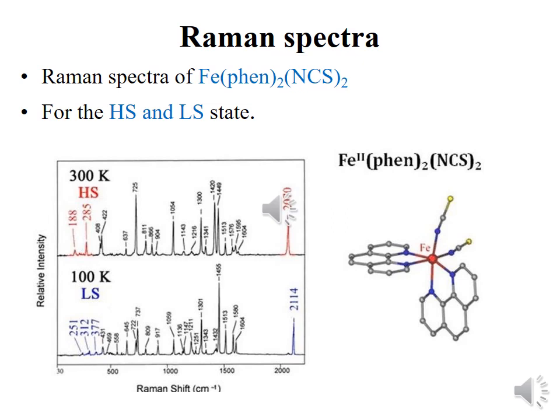In low spin state, we see in the figure that the temperature is 100 Kelvin, and the frequency in the low spin complexes is 2114, but in the high spin complexes the temperature is 300 Kelvin and the frequency is 2070.